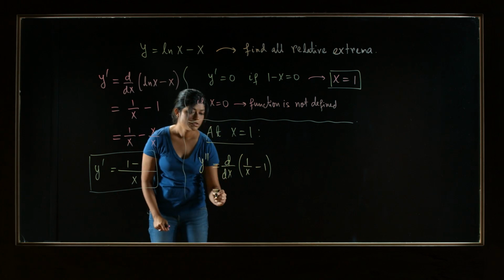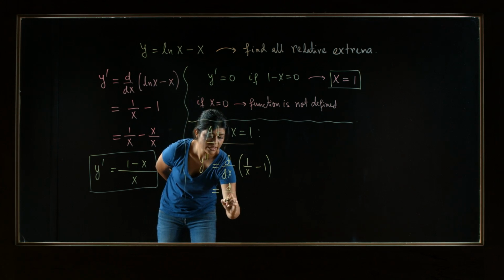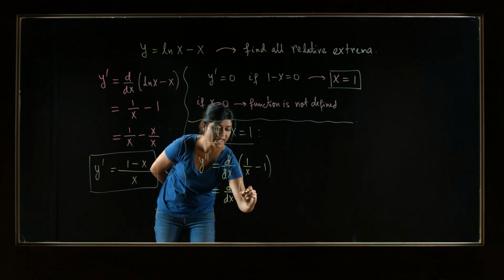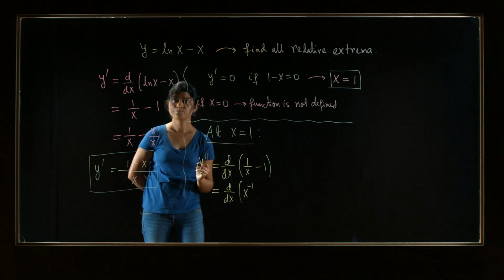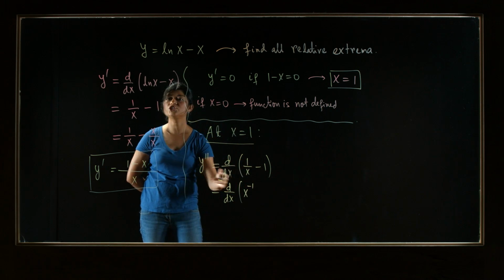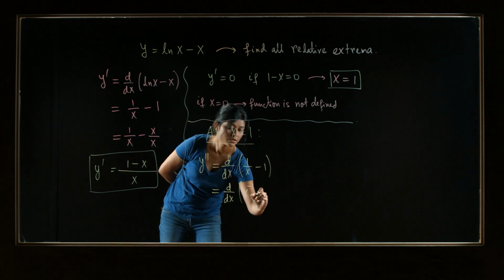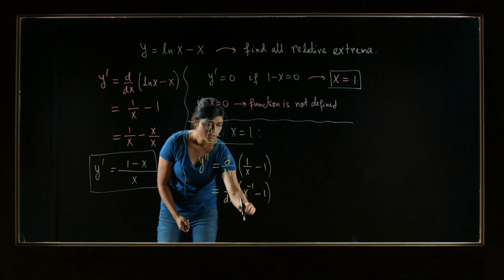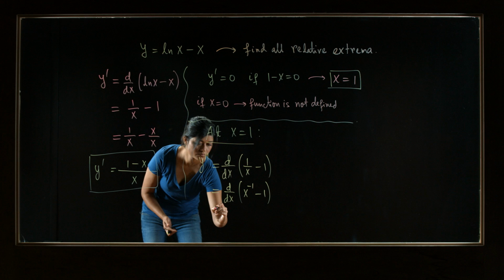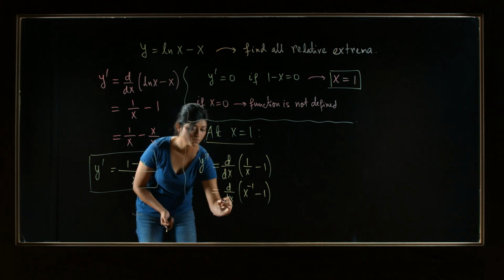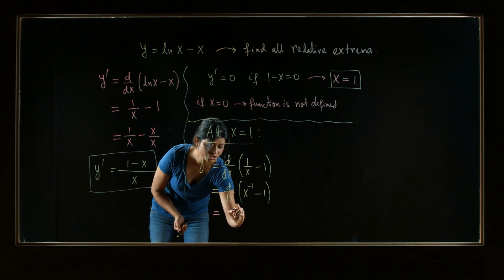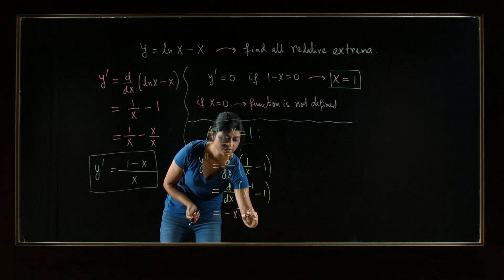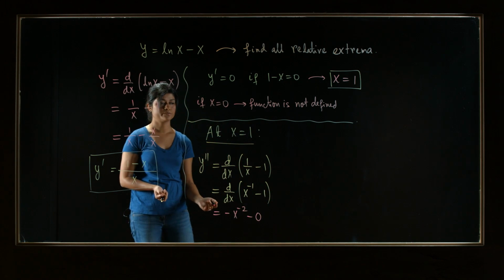Notice that 1 over x can be rewritten as x to the power negative 1, because if you do that, then we can just use the power rule. So apply the power rule. The derivative of x to the negative 1 is negative 1 x to the negative 2. And 1 is a constant, so its derivative is just 0.